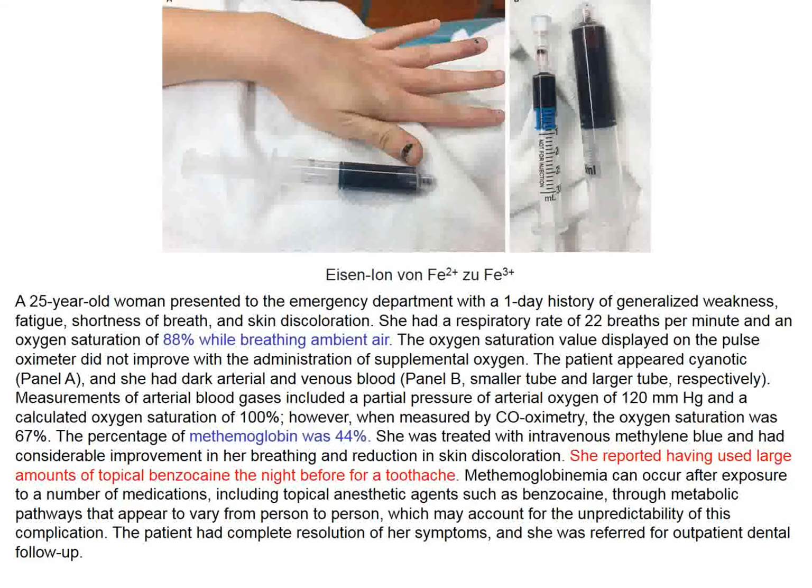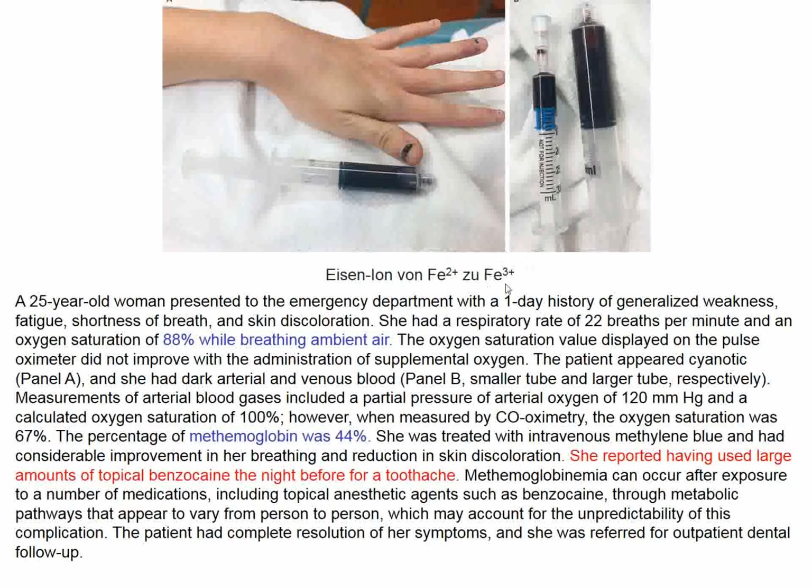An additional evaluation through modern blood gas methodology shows that she had a PO2 of 120, but when measured with co-oximetry, the oxygen saturation was only 67%, and the percentage of methemoglobin was 44%.